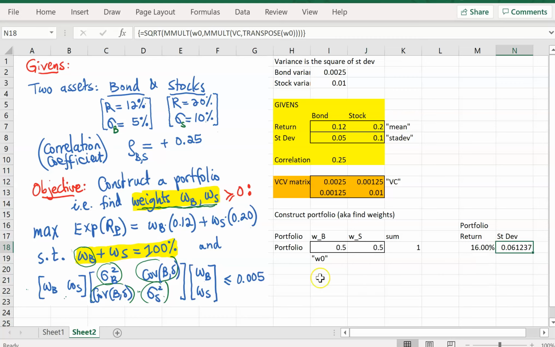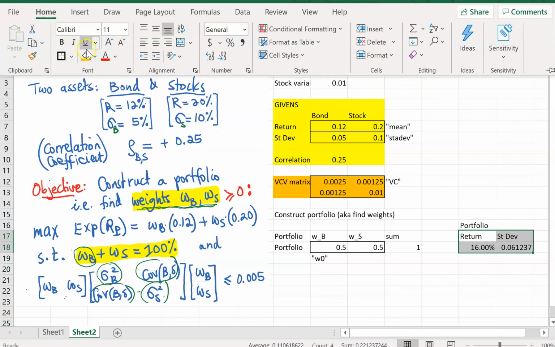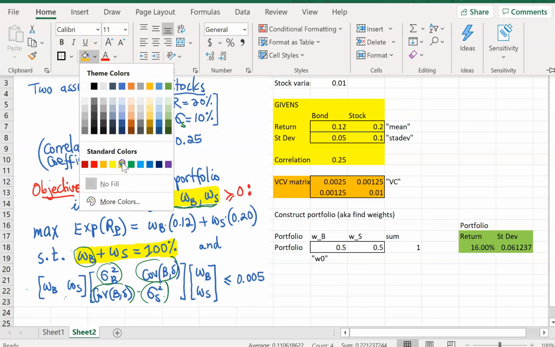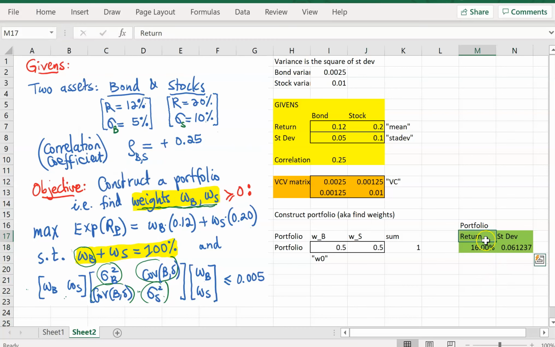Well, now our objective. Okay, now we take it seriously. We want to maximize the expected return of our portfolio. This is the portfolio return and the portfolio standard deviation. Let me color it in green. That's what we want to do: maximize the return such that the weights add up to 1, and secondly, this number is less than or equal to 0.005.